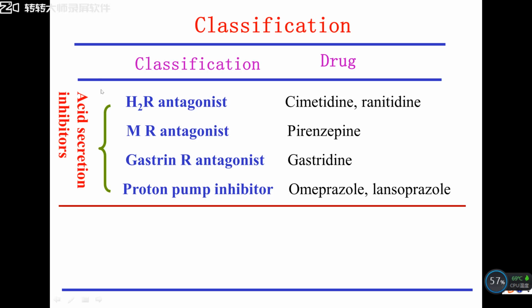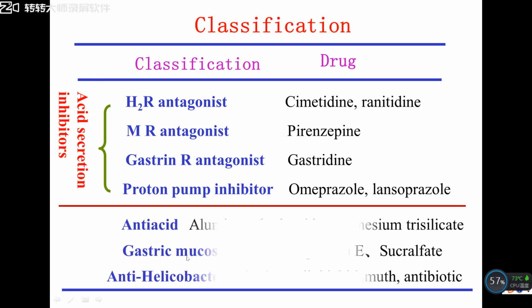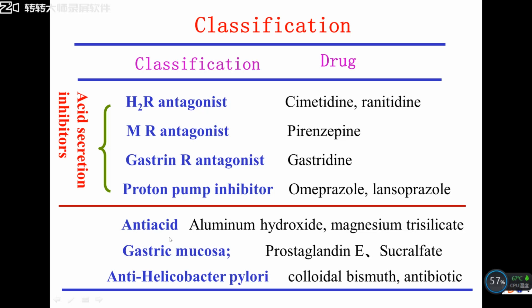The second kind is anti-acid drugs, such as aluminum hydroxide. This drug is a basic solution.